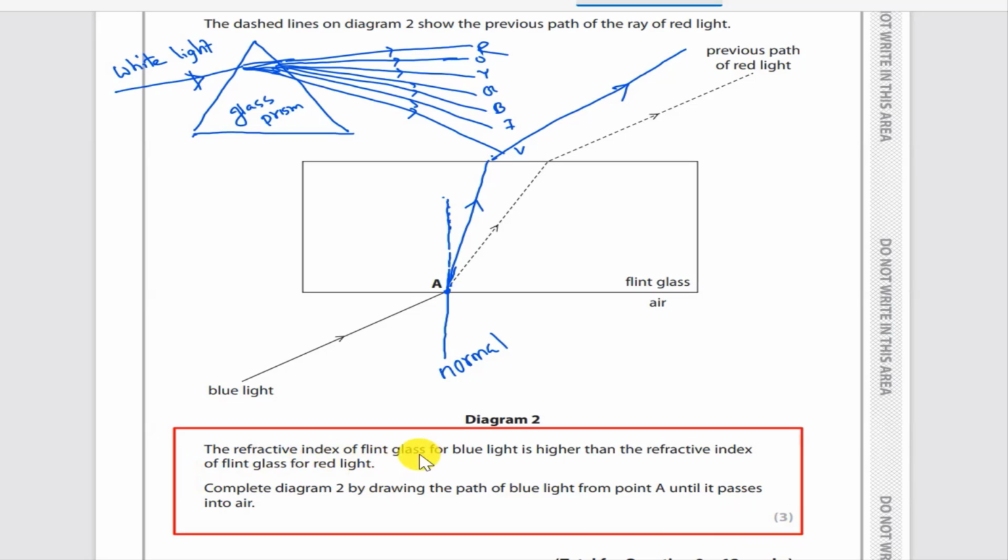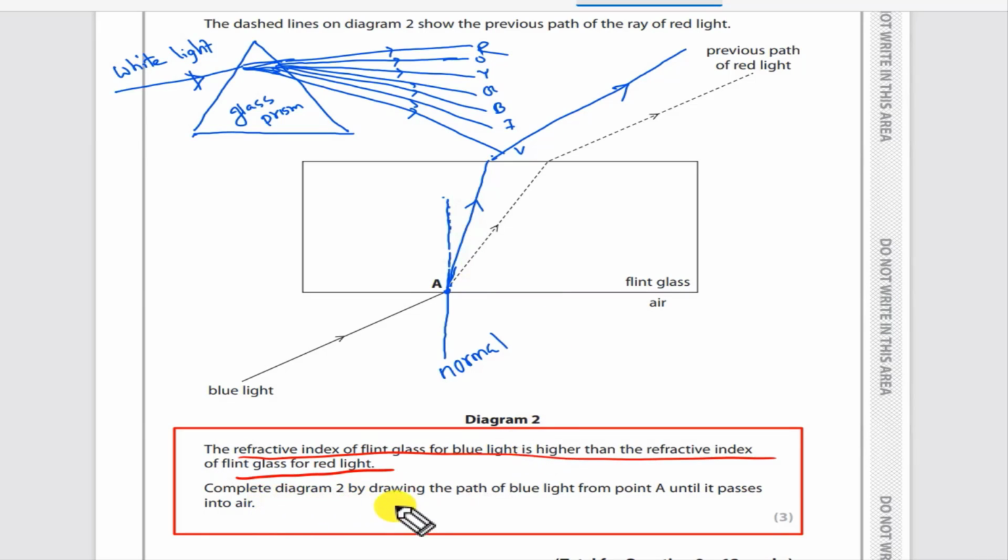That's why blue light bends towards the normal more.